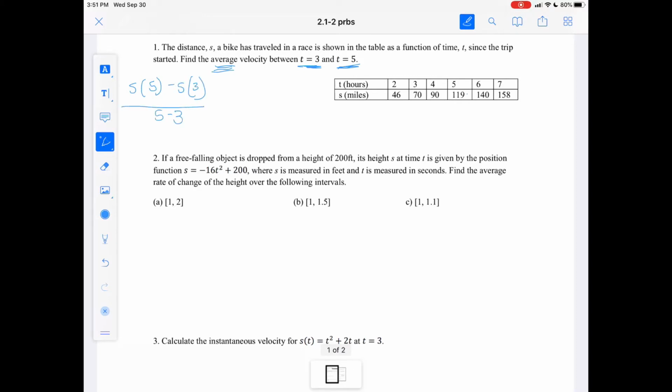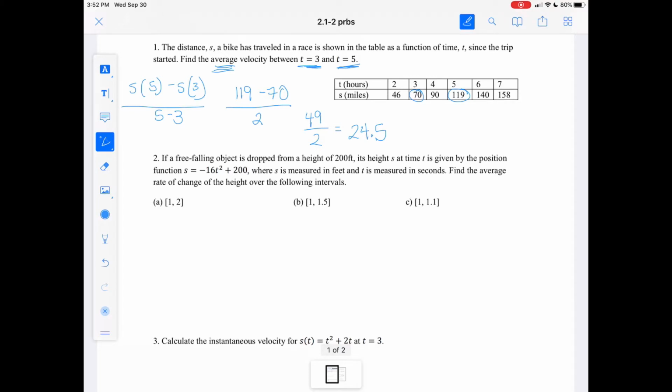So let's look at those corresponding values. S of 5 is 119, whereas S of 3 is 70, and then 5 minus 3 is 2. Gives us 49 over 2, which cleans up to 24.5, but I'm not finished because I need units.